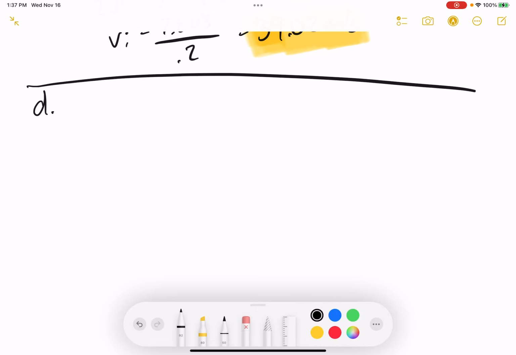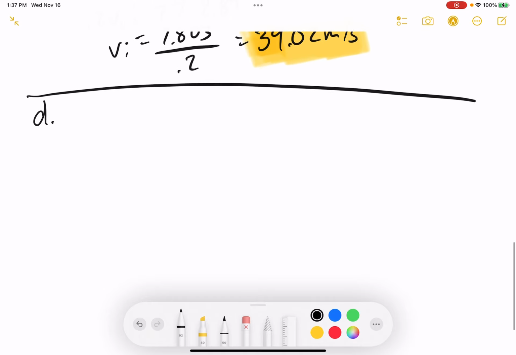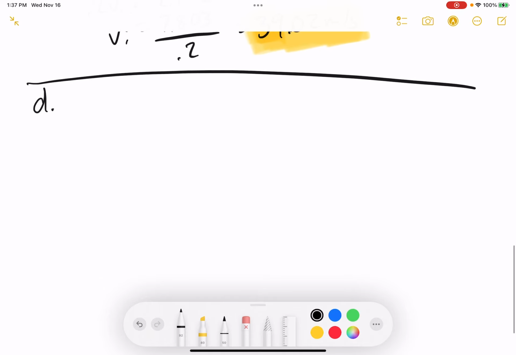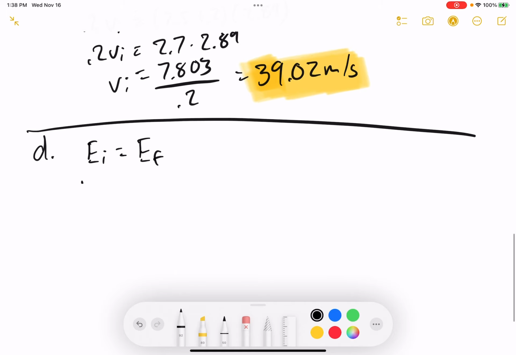Energy is always a great place to start. This is an explanation question, but I'm going to start with an equation to show where my ideas are coming from. At the beginning, I just have kinetic energy of the clay plus the smaller block.